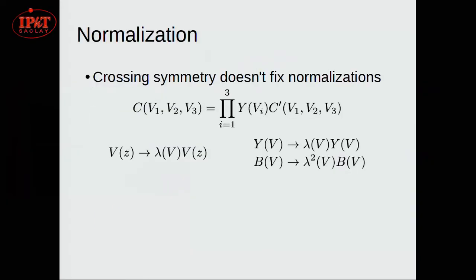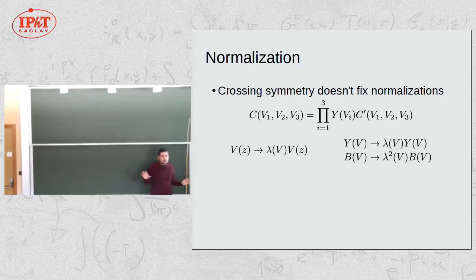What I mean is that the crossing symmetry constraints will not fix any normalizations, because we are comparing two expansions, and any normalization term in each of those expansions will cancel on both sides, and thus we are unable to determine them.